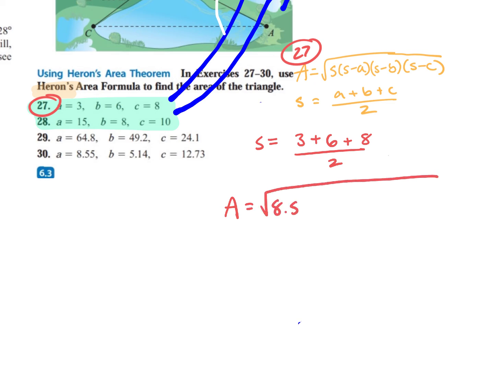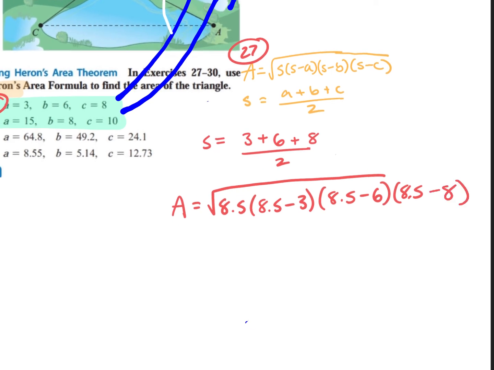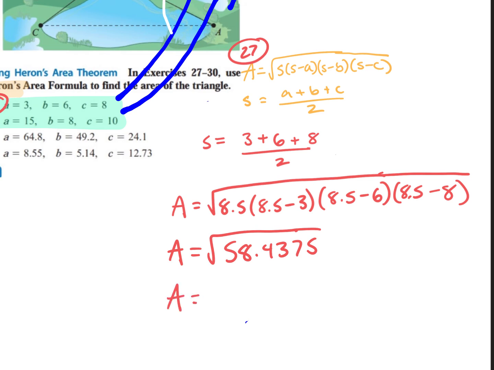So I have 8.5 times 8.5 minus 3 times 8.5 minus 6 times 8.5 minus 8. So this would be the square root of 58.4375. Just take the square root. So the area is 7.64.